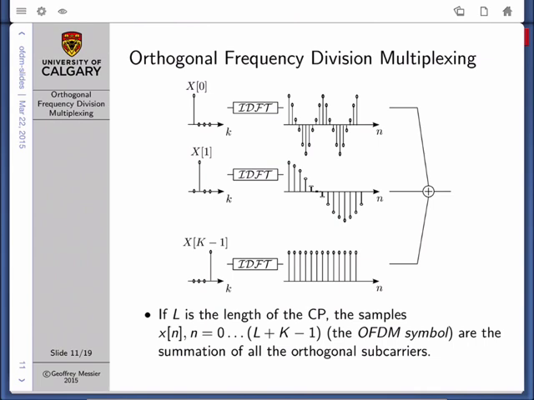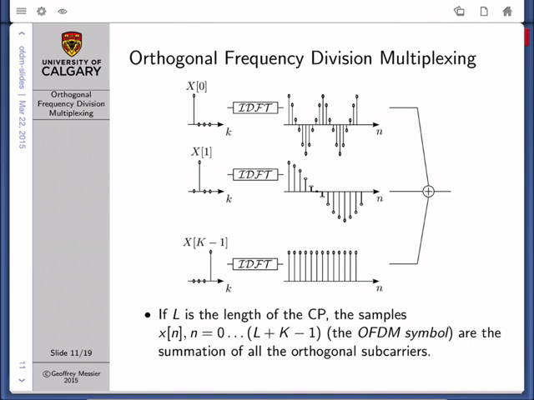And so in this next slide, I try to illustrate this notion of OFDM subcarriers in perhaps a little bit more detail. So in this particular picture, I'm showing a 3 subcarrier system where we have 3 orthogonal subcarriers.